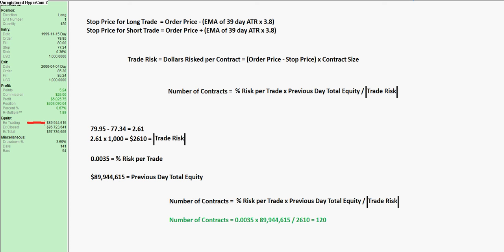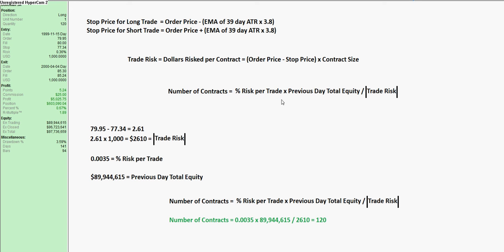All these numbers are also accessible using Microsoft Excel. These are actually very large Excel files listing everything going back day by day, but it's listed for us right here. So previous day total equity we now know, and we know our trade risk, so all we have to figure out is our percentage risk per trade.